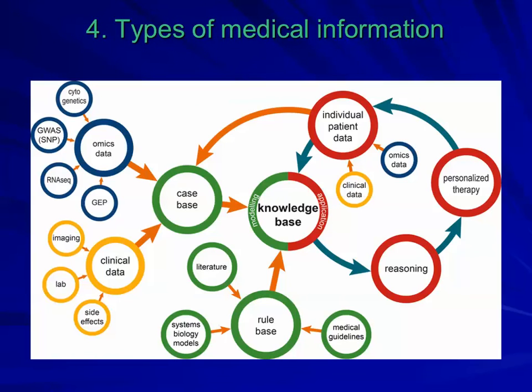And here is again an example of how we can draw different types of medical information and establish relationships between them, in case we talk about general historical data, like only clinical data, which could be used as an information source for a knowledge base, which will be used to create decisions, so make reasoning and create a conclusion: if these symptoms, that means we deal with this kind of health problem.